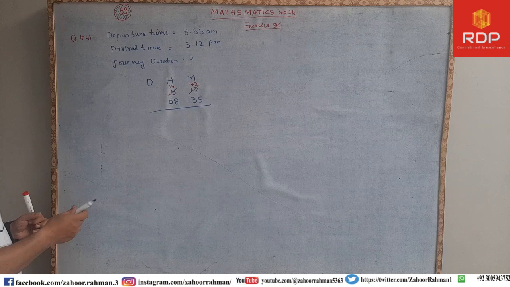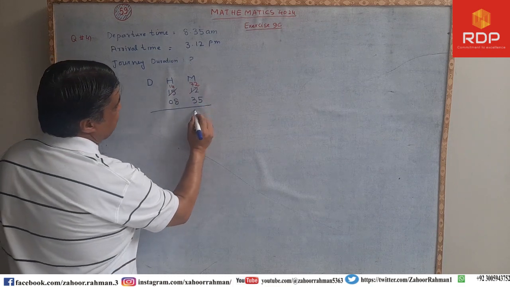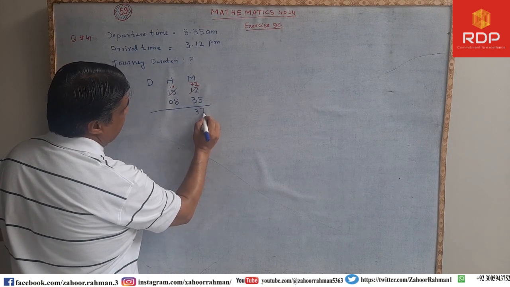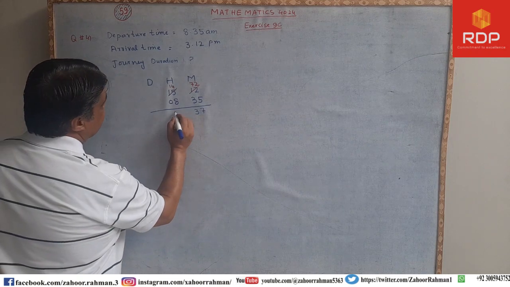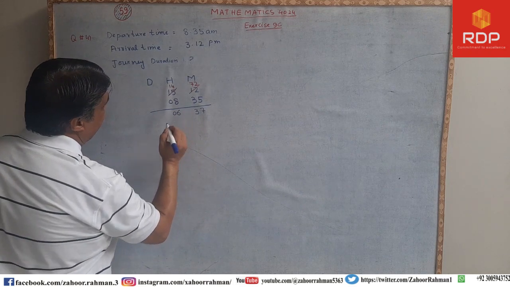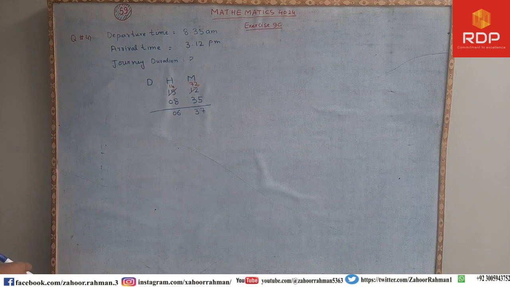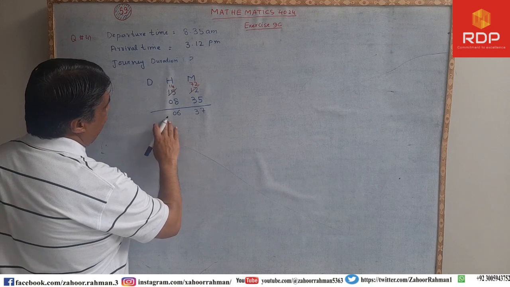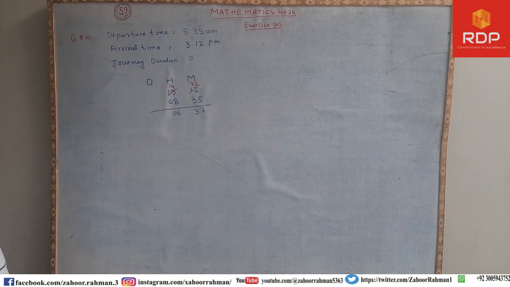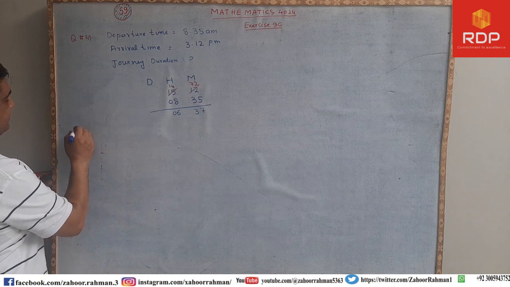So now we can subtract this, so it will be 37 minutes and 06 hours. So the duration of journey is 6 hours 37 minutes.